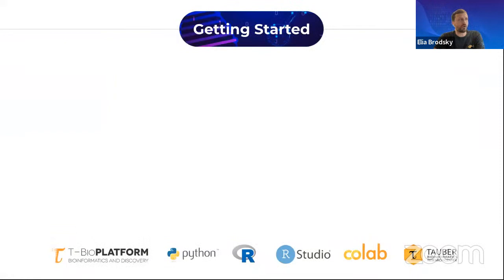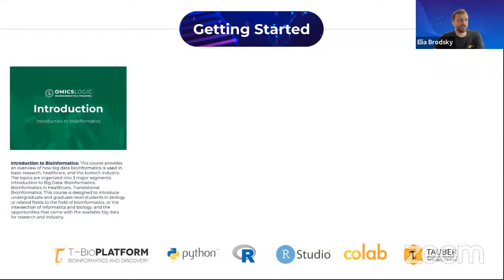So first of all, how do you get started? The first program that we're going to discuss is called Introduction to Bioinformatics. So if you have minimal background with bioinformatics, you don't really have any experience, maybe you have read and you have heard and you're interested in it, but you don't really have any practical experience, this is the best place to start. Now, you will be able to register for multiple programs.